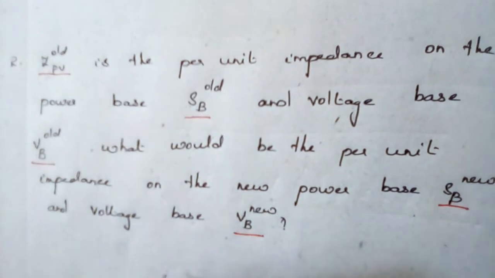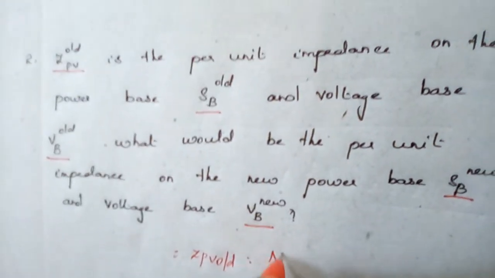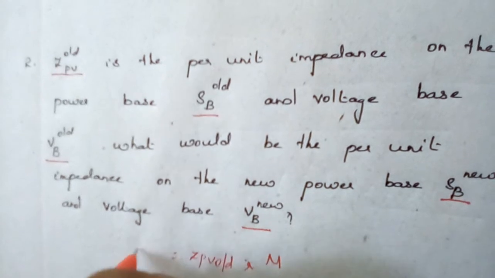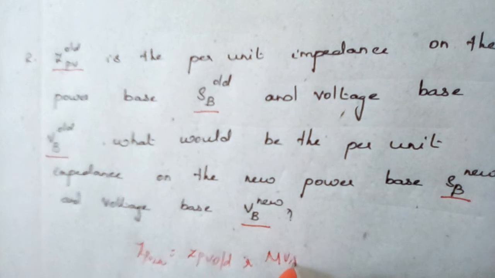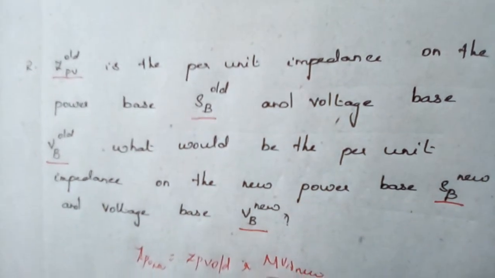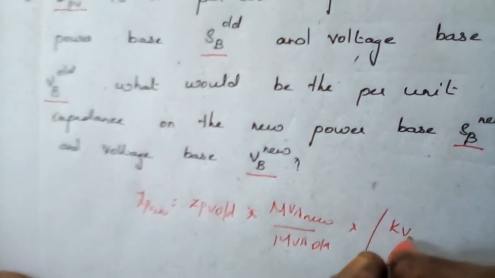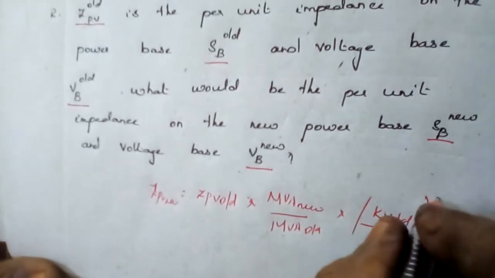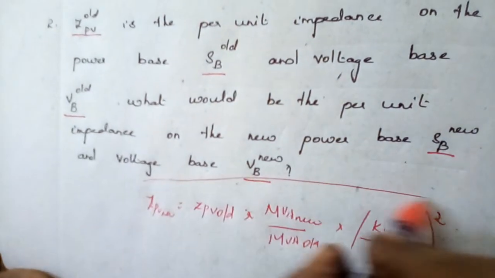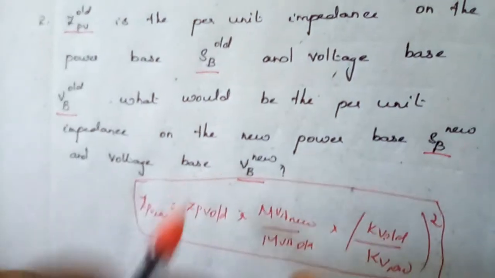Generally, we write Z per unit new, which is equal to MVA new divided by MVA old into kV old by kV new, the whole square. So this is the general expression which we write for the calculation of per unit values.